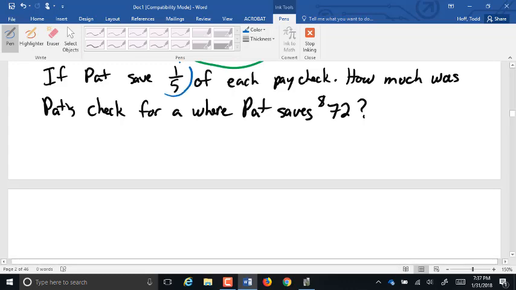1/5 of the check would be 1/5 times whatever the amount of the check is. We could write it as X, we could write it as Y, whatever variable we want to use for it. So 1/5 of Pat's check would be 1/5 times X. And of course, that is the amount saved. That equals 72, the amount saved.